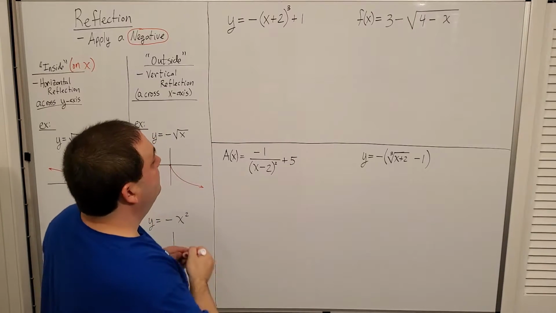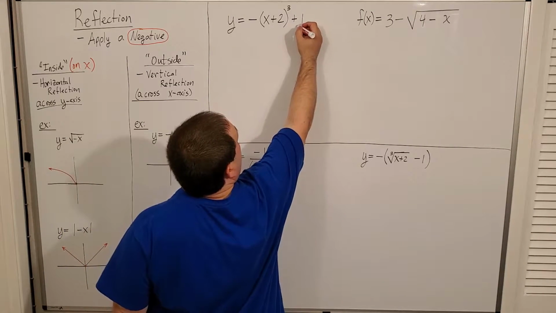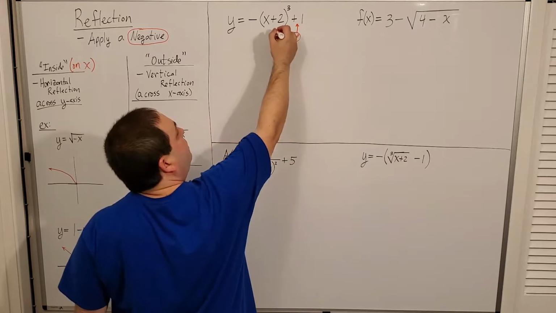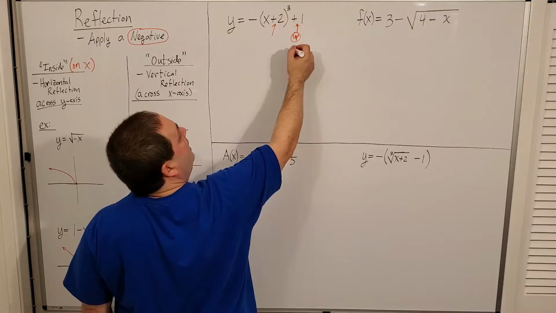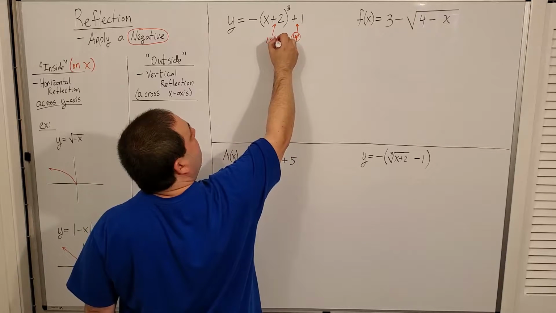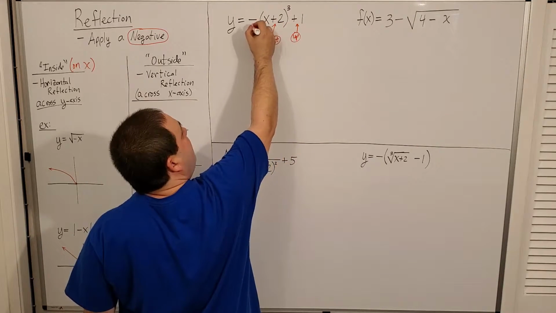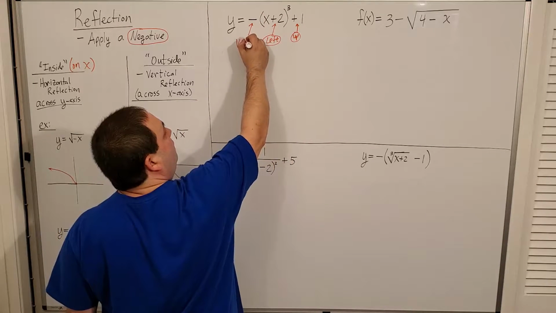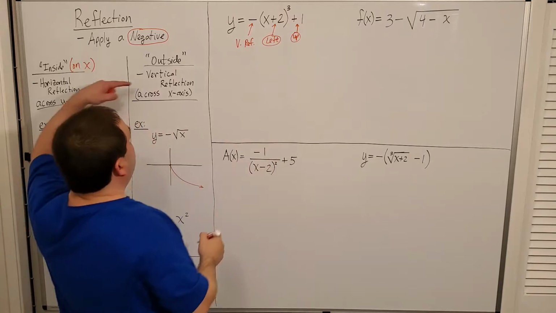Okay? So the +1 being on the outside is a shift up. The +2 being on the inside is a shift left. And this negative being multiplied on the outside is a vertical reflection, right? This kind.